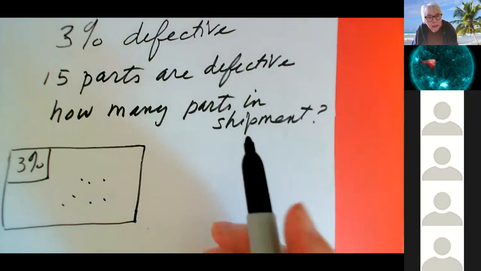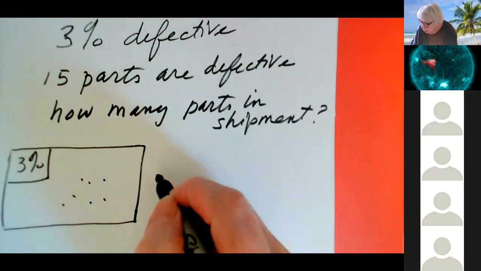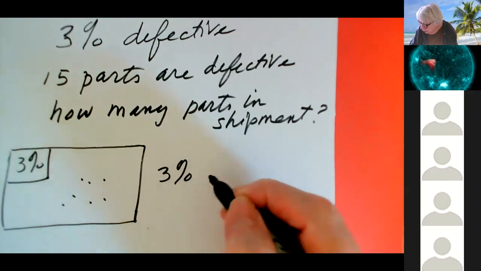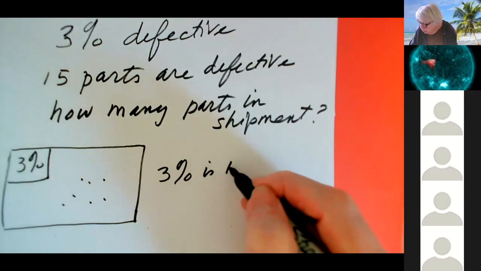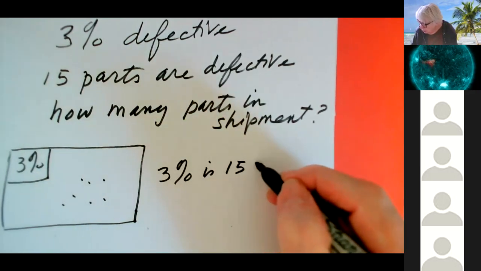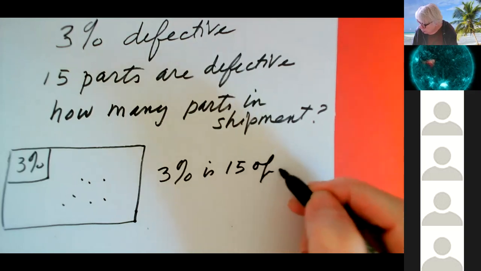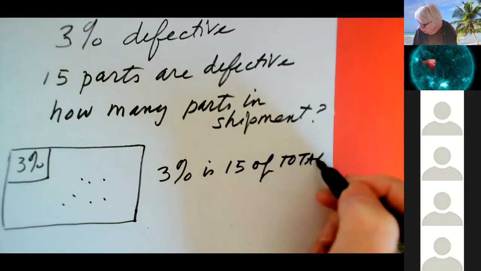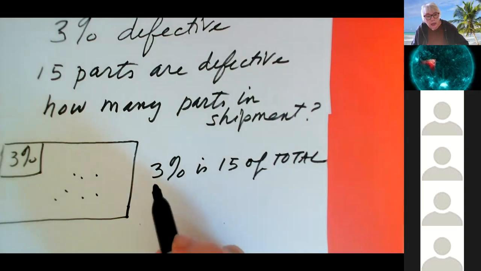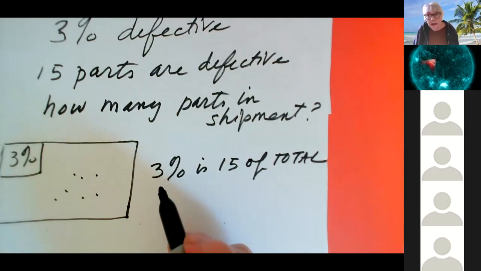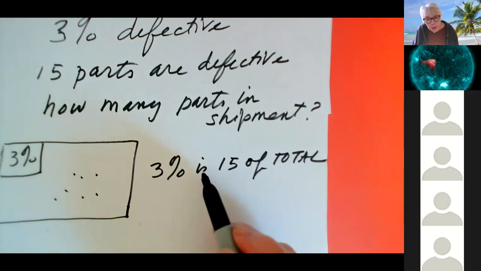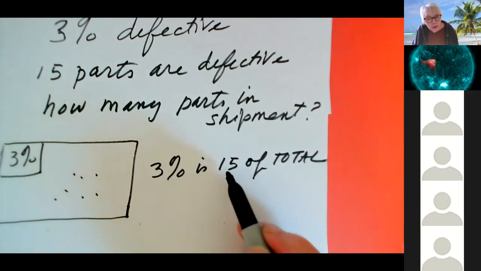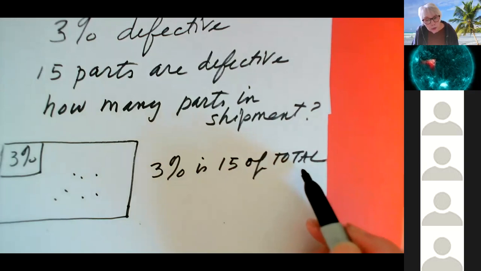So in translation, it would be 3% is 15 parts of the total shipment. So this may or may not work, but let's follow it. 3% represents or is the 15 parts of the total shipment.